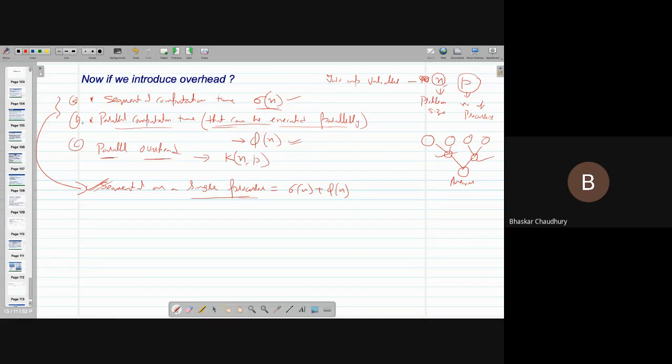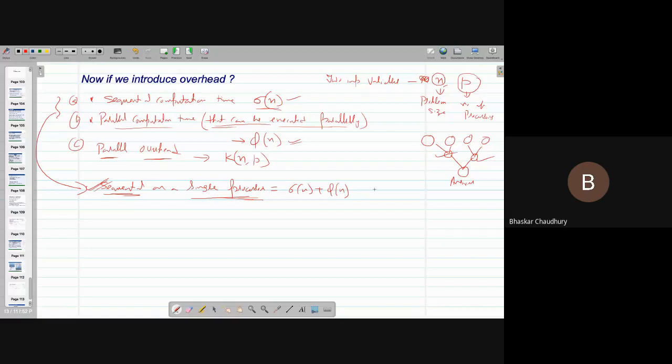Now I am just talking about sequential execution on a single processor. So that should be only sigma n plus phi n, because there is no parallel processing here. So I can remove this k of n comma p. I should not include that. All of you agree? Yes, sir.